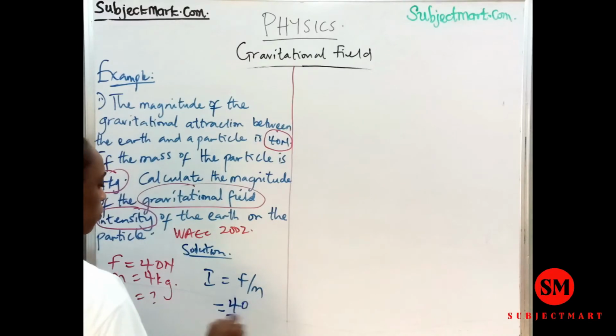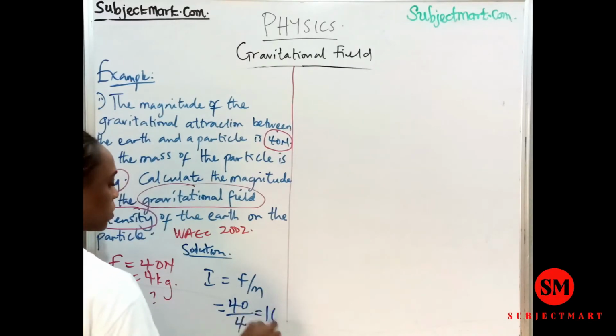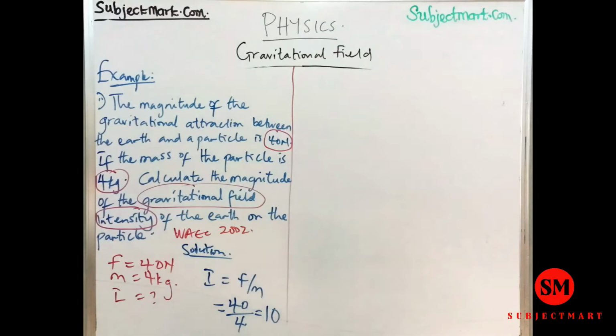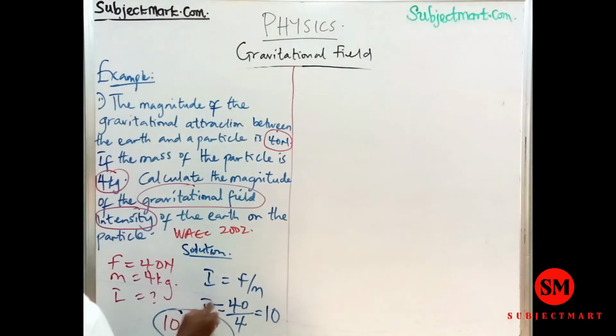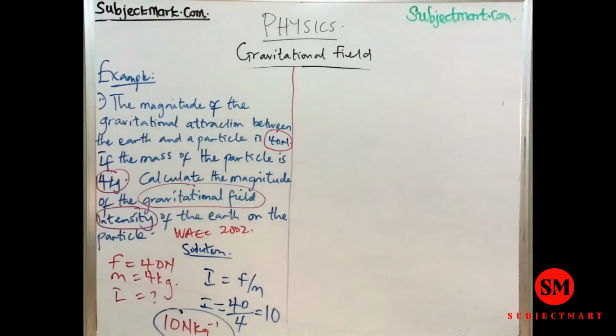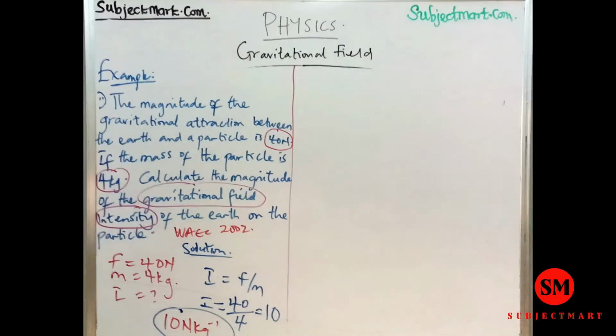So from here our force is 40 over 4, so we have 10 as our gravitational field intensity, which is 10 Newton per kilogram. So the gravitational field intensity is 10 Newton per kilogram.